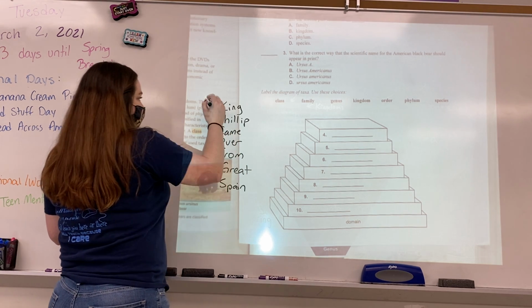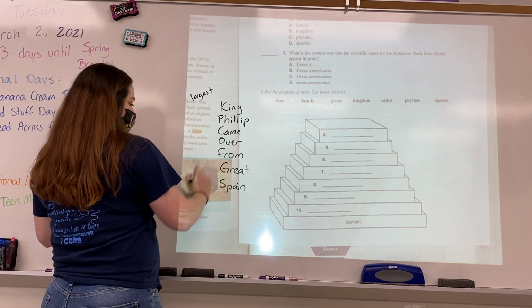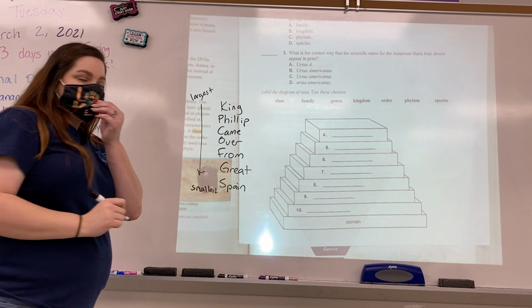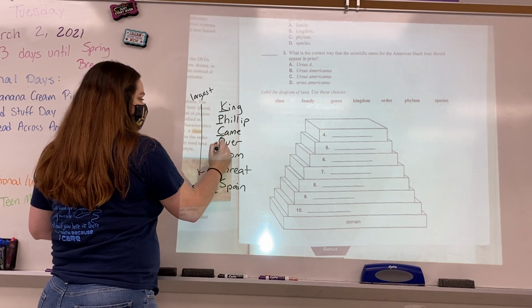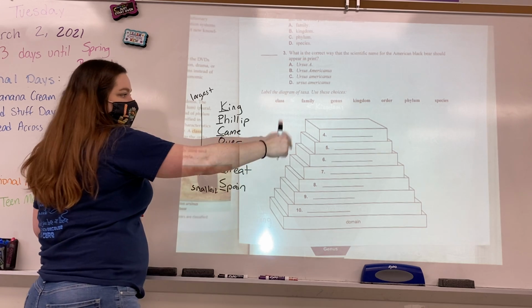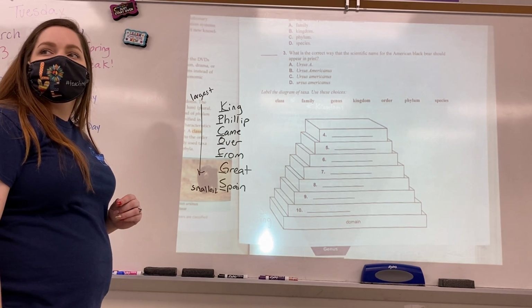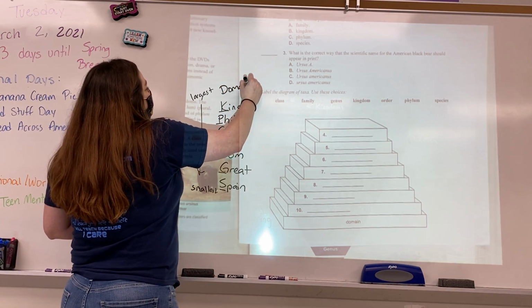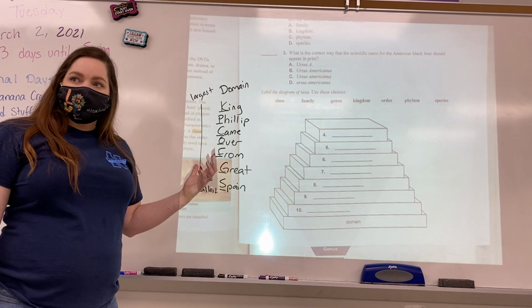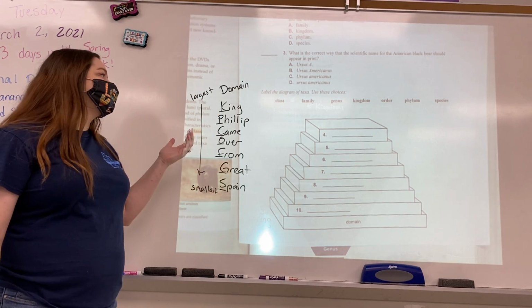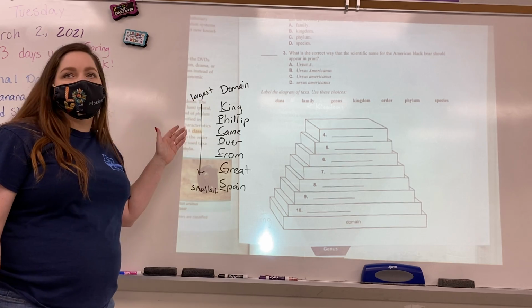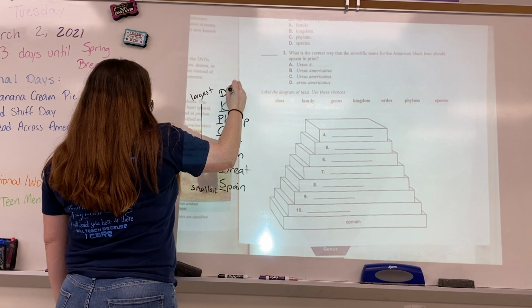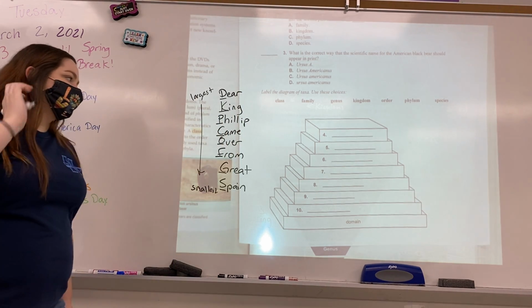So this is going from largest to smallest, and that is the acronym that I use. So the first letter of each of these words is going to tell you what the level of classification is. So domain is assumed to be the biggest. And then after that, you could say, dear King Philip came over from Great Spain. Dear King Philip came over from Great Spain.